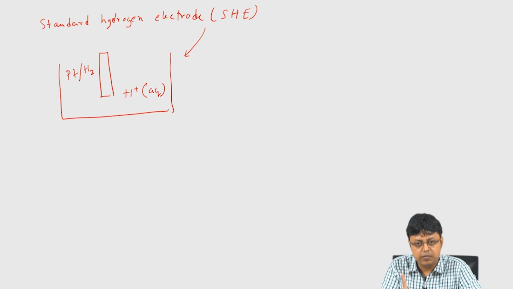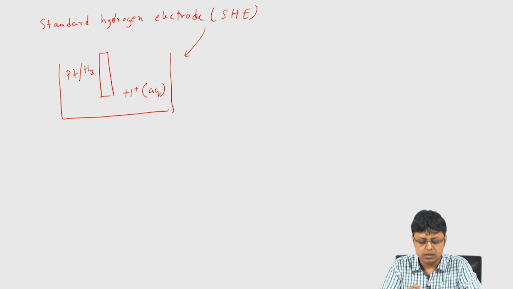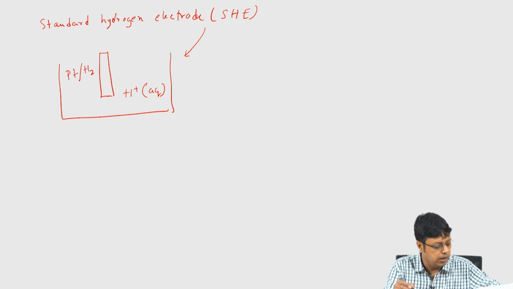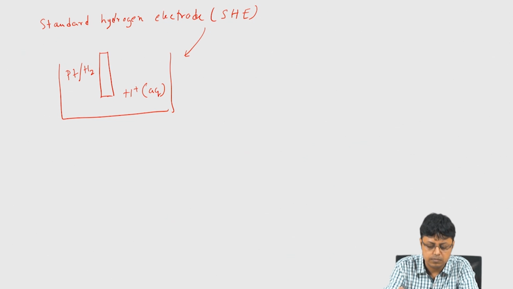So, everything will be measured with respect to this standard hydrogen electrode only. Let us give an example. Suppose we have a particular cell, say for example, platinum.